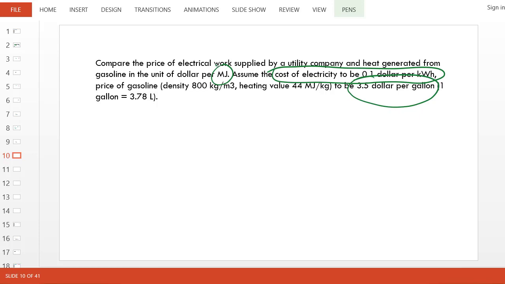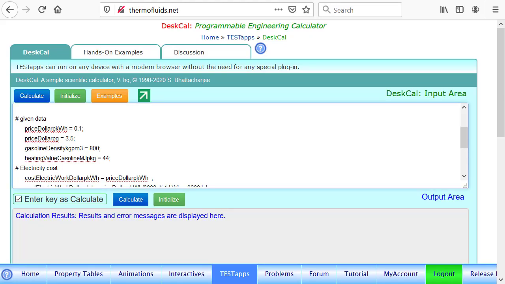So I have already opened the DeskCal and written the test code required to solve the problem. I'll just run you through this. So the data given, notice how I am putting the data in terms of variable names. Price in dollar per kilowatt hour.